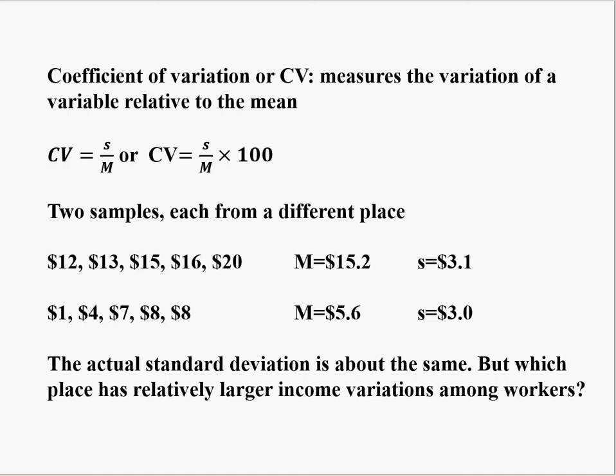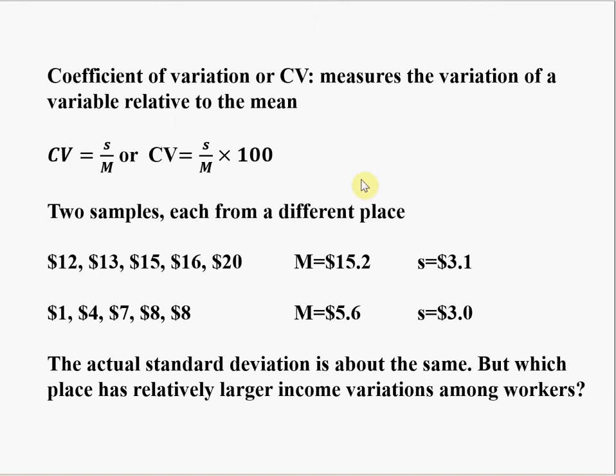And both places have this spread, 3.1 or 3.0, about the same. But if you use the standard deviation divided by the average income of the two places, you can really see the relative difference in income between individuals, and the mean is very different between the two places.